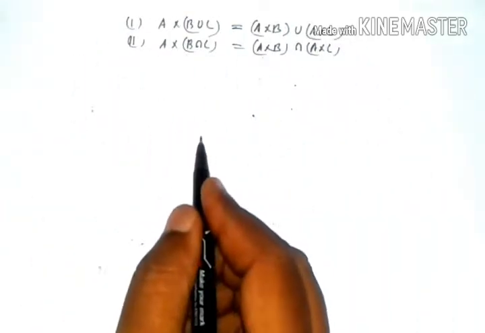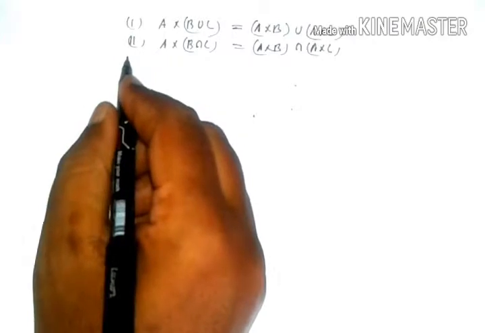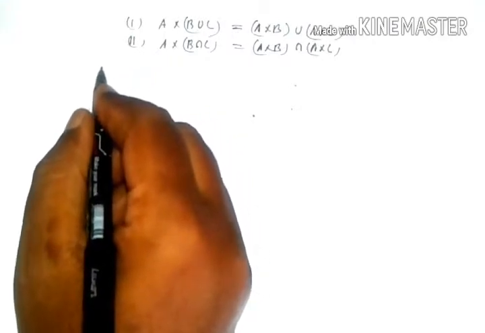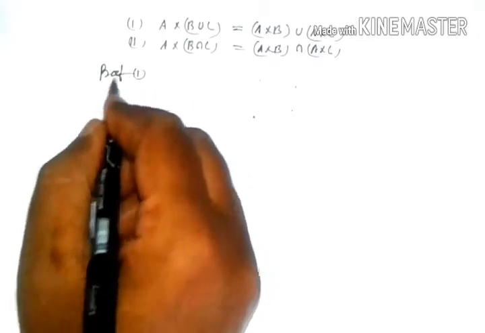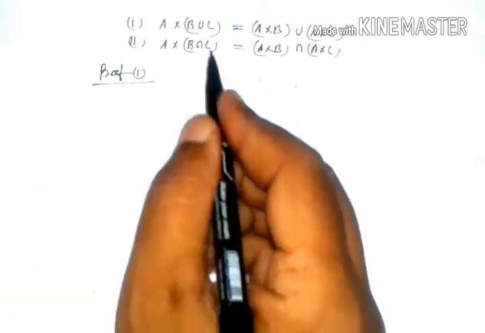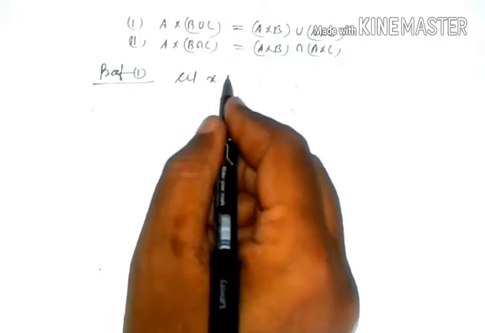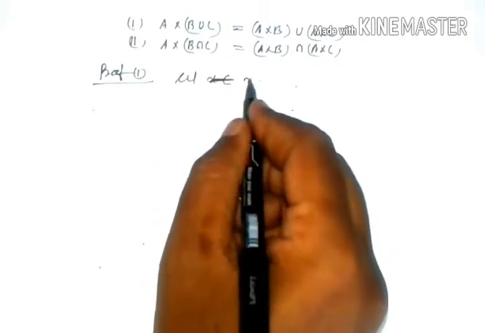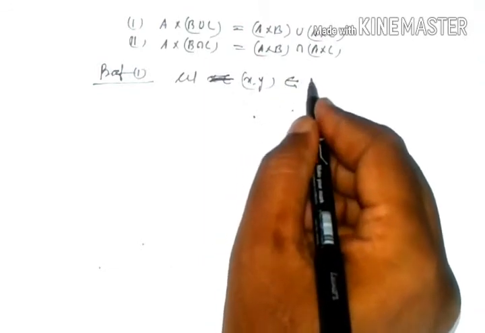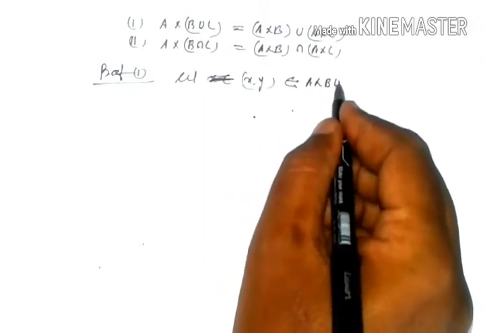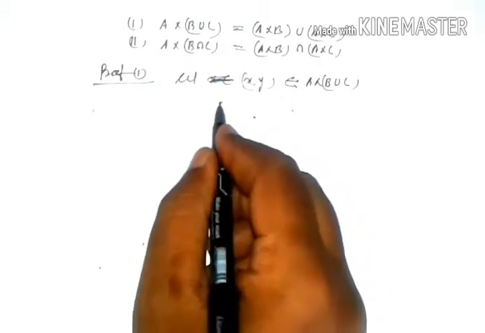Now we shall prove number 1. Proof 1. Let (x, y) belong to A cartesian product (B union C).